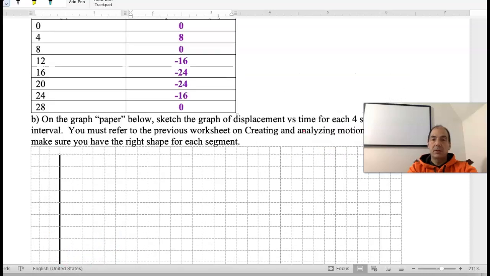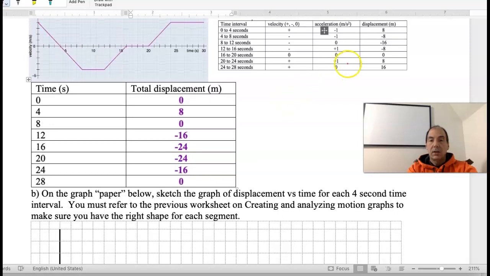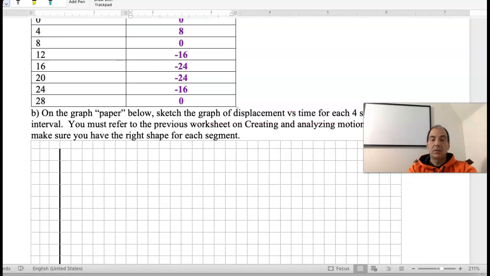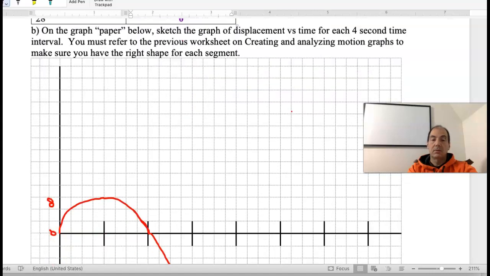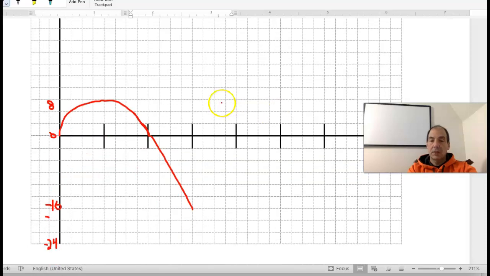All right. So now we're going from -16 to -24, and we have a positive acceleration and a negative velocity. Okay. So this one, again, got to really refer back to that sheet from yesterday. We're going to have something that looks like this, like a curving.